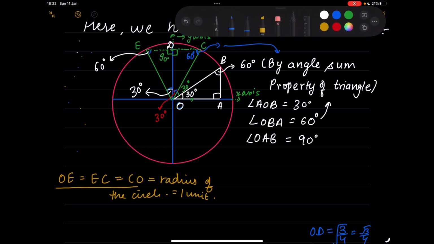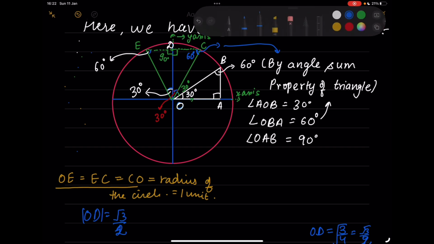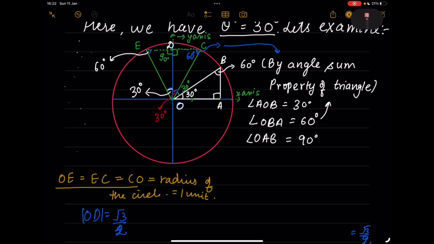Okay, I'll just note it down again. So we have OD is equal to, the magnitude of OD is root 3 by 2. I'm sorry for this error, root 3 by 2. All right, so we have reached till here.